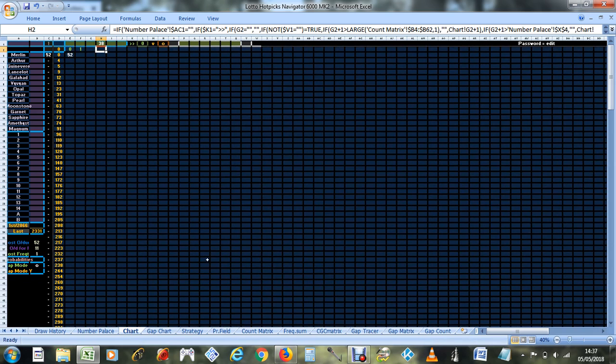And so we get this chart where the numbers at the bottom move about randomly from one draw to the next.